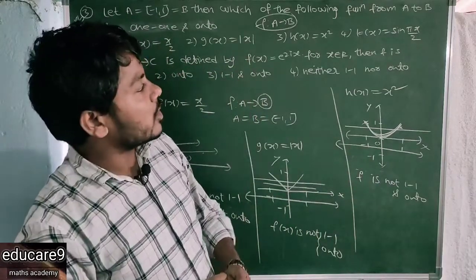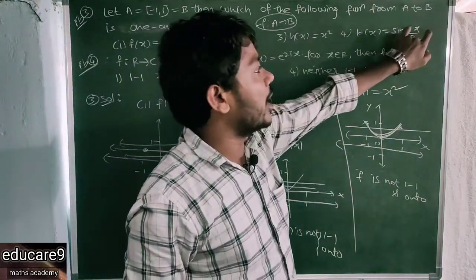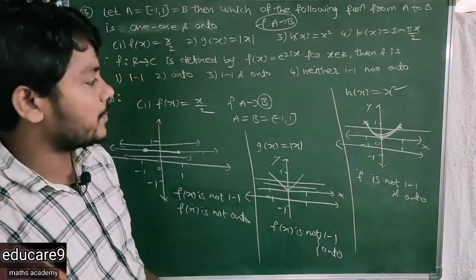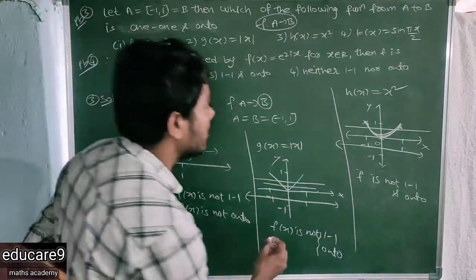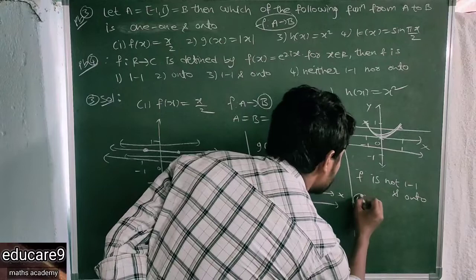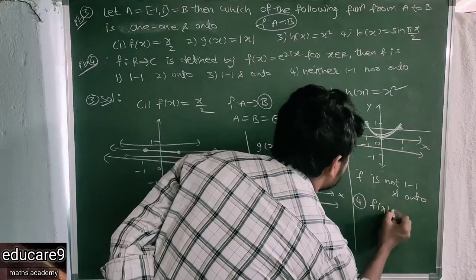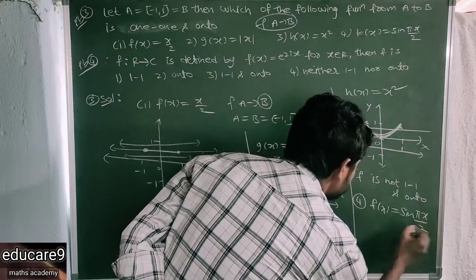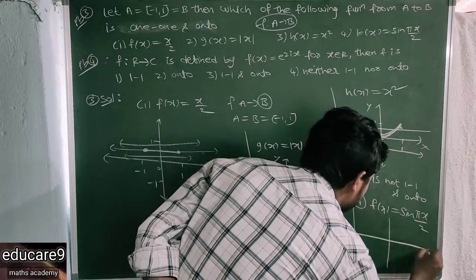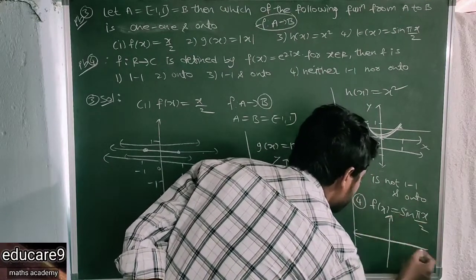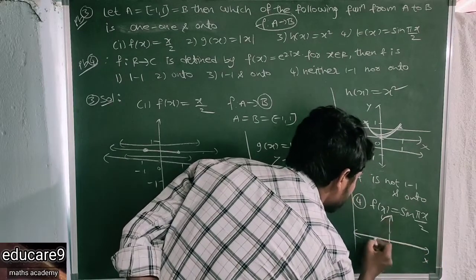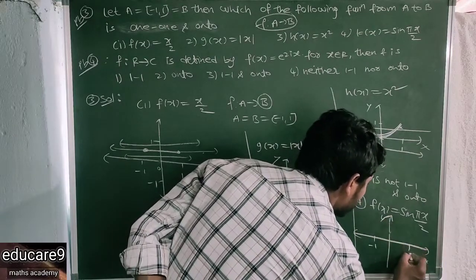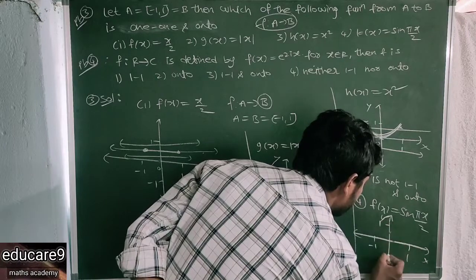Now see the last one. sin pi x by 2. So f of x is equal to sin pi x by 2. So now draw the graph of sin pi x by 2. Here -1, here 1.